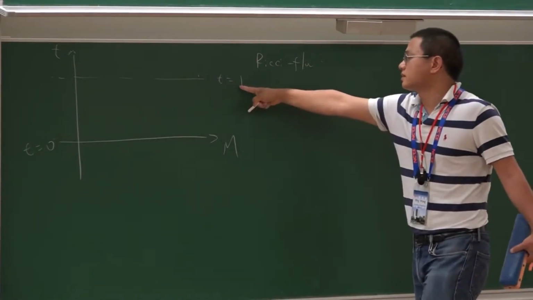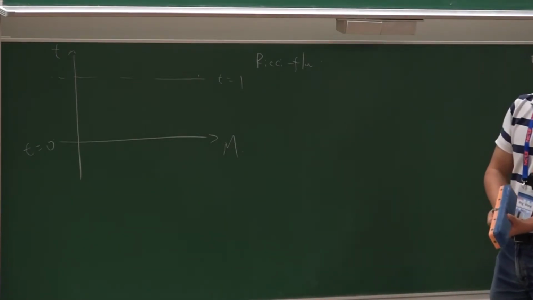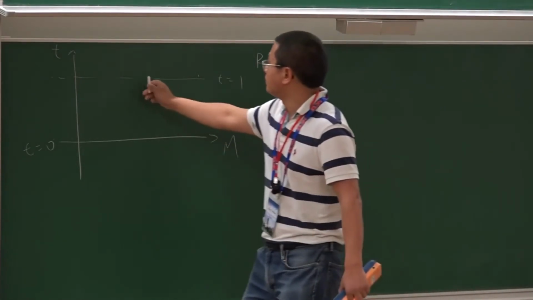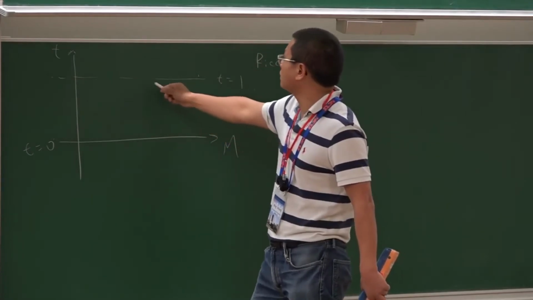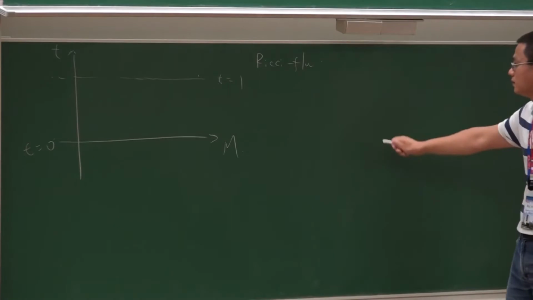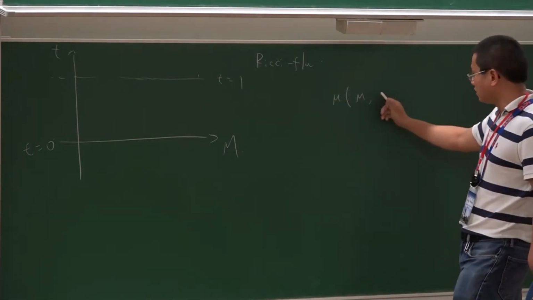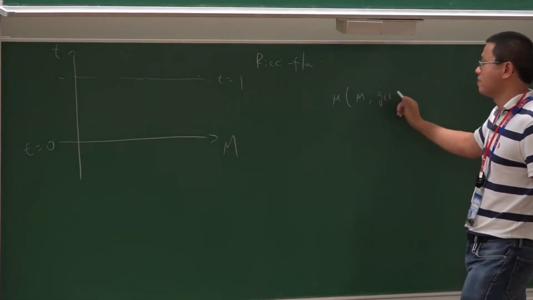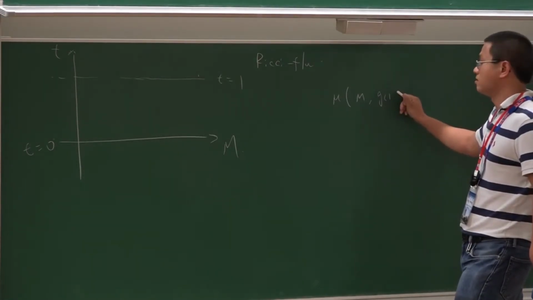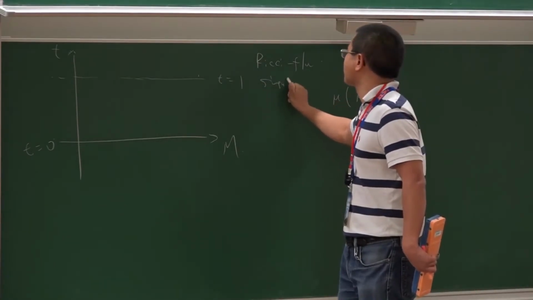Now I suppose the singular time is around t equals 1. Okay, so according to Perelman, we know the mu functional of (M, g(1)), let's say this is the singular time.